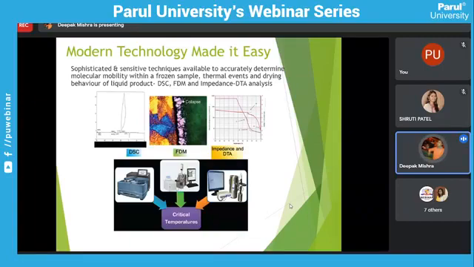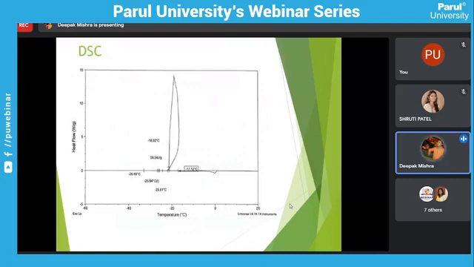What is DSC? I think everybody knows. On the basis of DSC, we select the critical temperature, like the glass transition temperature, which we can determine by the DSC technique. You can see here minus 26.65. It is the beginning of the criticality of the molecule.